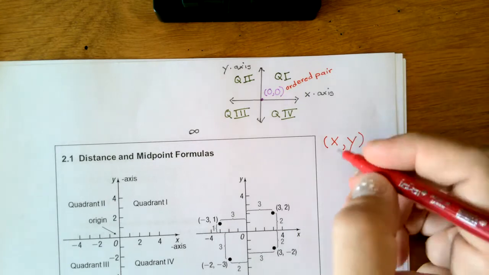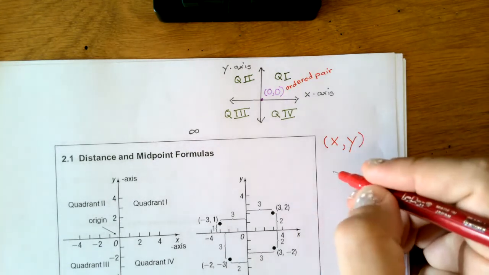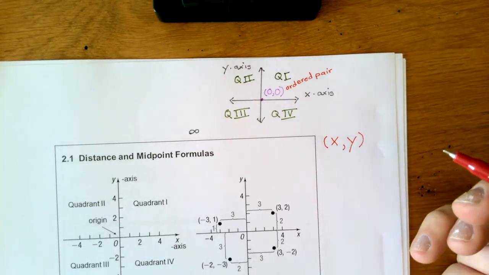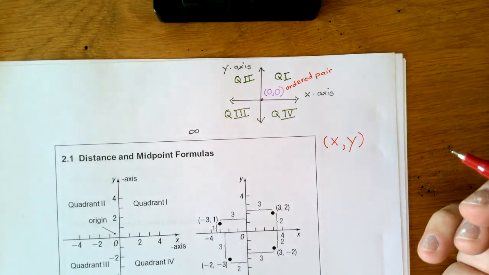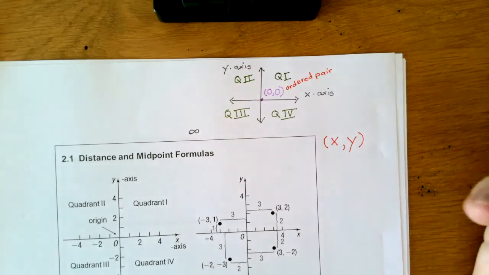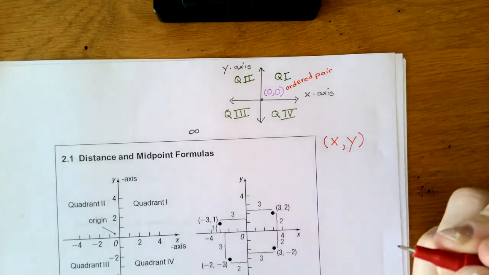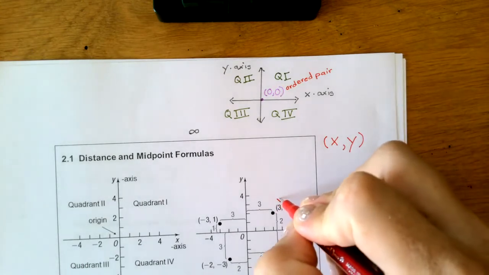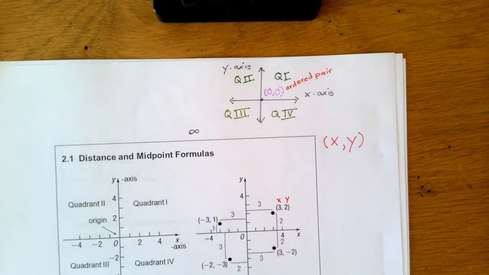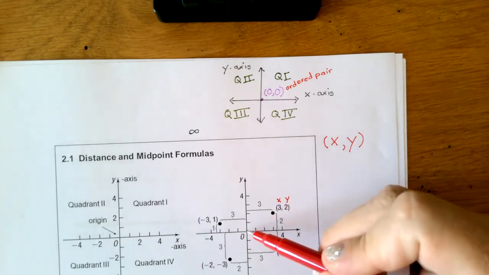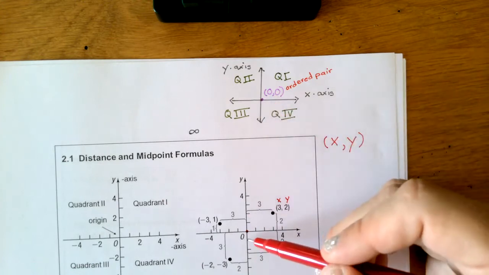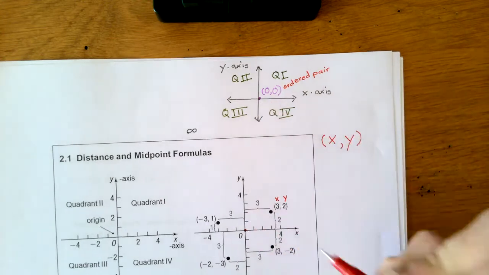So basically the first number tells you how many units to go left or right. The second number tells us how many units to go up or down. Okay? So like 3, 2, for example, 3 is the x, 2 is the y. So we would go, starting at the origin always, starting at that origin 0, 0, we'll take our x value first.